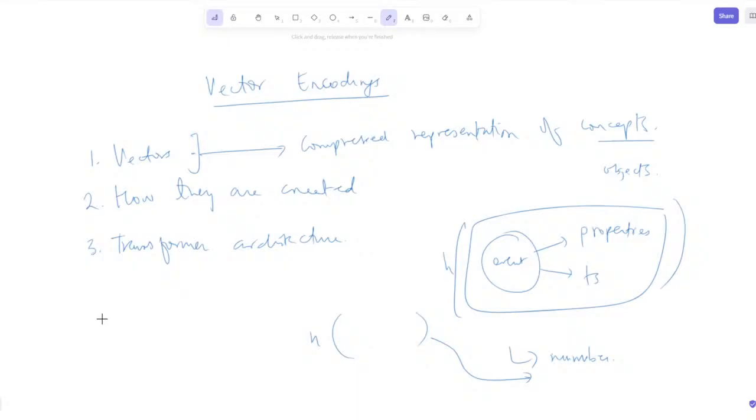When you pass in an object or some sort of text, it converts it into a 1D array representation, where every value in this array, in this vector, corresponds to some sort of meaning. So I'm taking an example here.